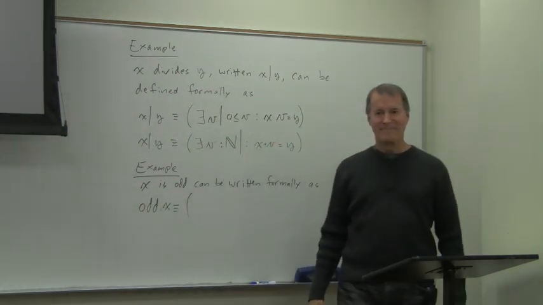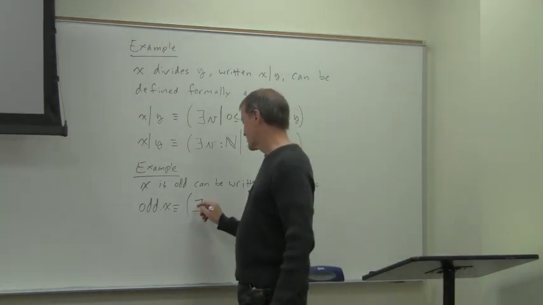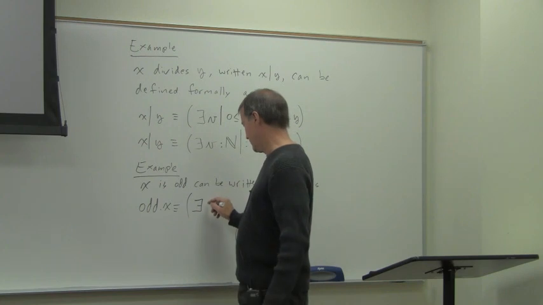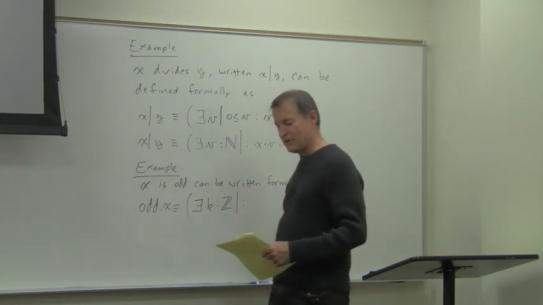It's going to be there exists a K. Okay, so you say there exists a K, type integer, range true. Yeah, range true, but now what?